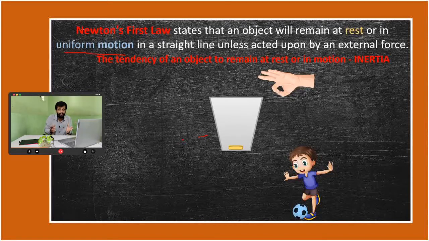Sometimes they say this boy has the tendency, or if no one is watching, he'll do mischief. So he has that potential to do something, but he might not do it. Here, there is a tendency of an object to remain in the state of rest, and that is called inertia.